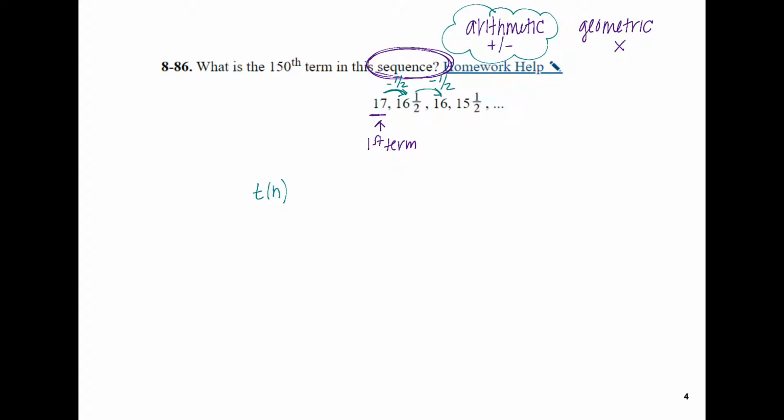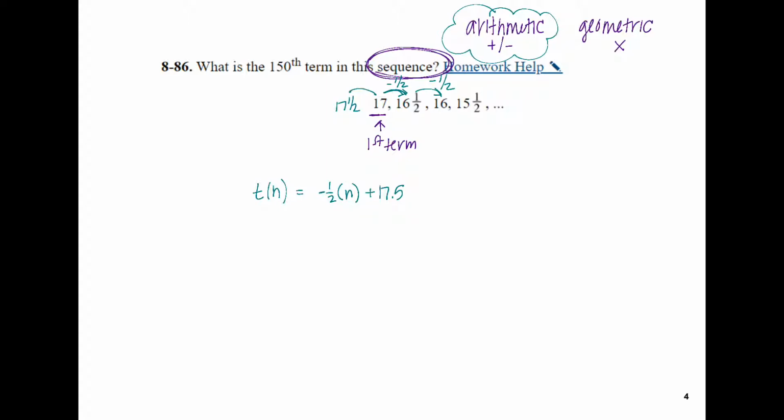The inverse of subtracting 1/2 is adding, so our 0 term would be 17.5. The 0 term is very similar to the y-intercept, so 17.5. We said that it is subtracting 1/2 each term.